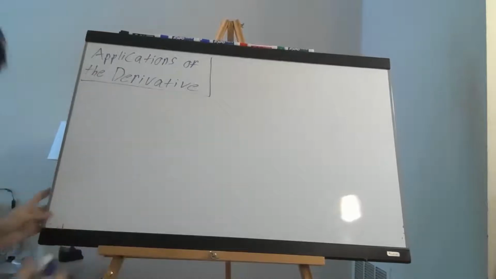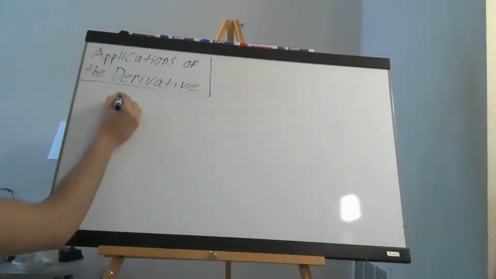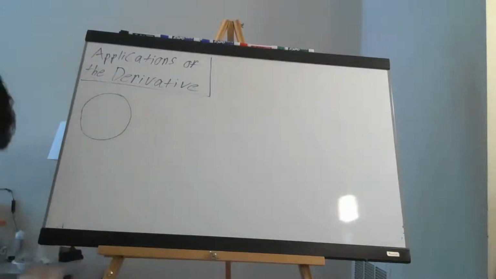Alrighty, so this is going to be example number 2. The situation we have here is a spherical balloon. So like I said, step one, we're going to draw the situation. Is inflated at the rate of 10 meters cubed per minute. Find the rate at which the surface area of the balloon is increasing when the radius of the sphere is 3 meters.